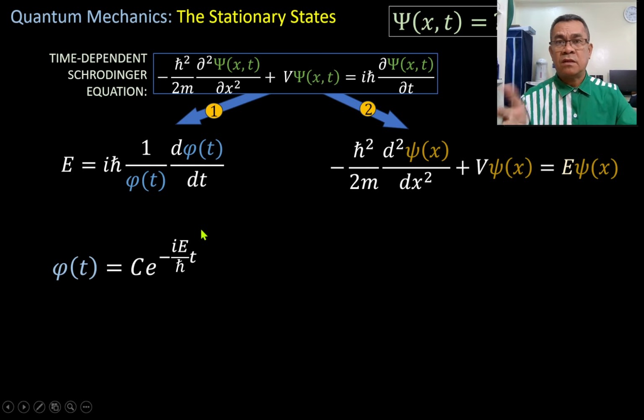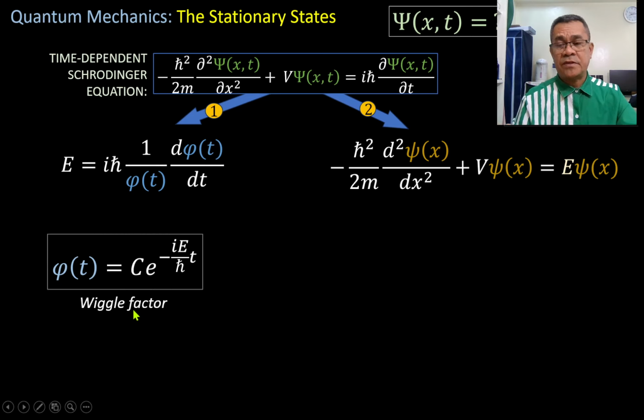So meaning, this can be in terms of sine and cosine, sinusoidal. So therefore, again, this is now time dependent. So we call this the wiggle factor, which means that the wiggle factor is one solution to the time-dependent Schrodinger equation in stationary state.